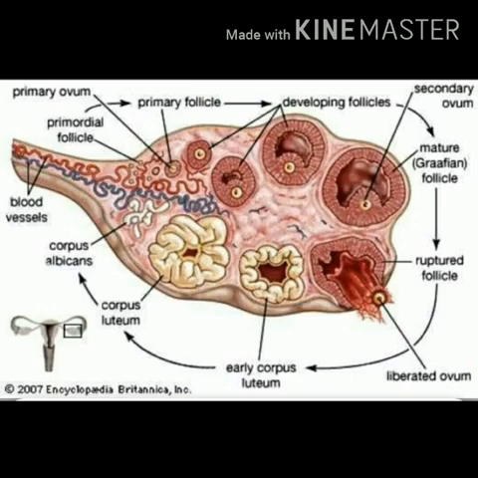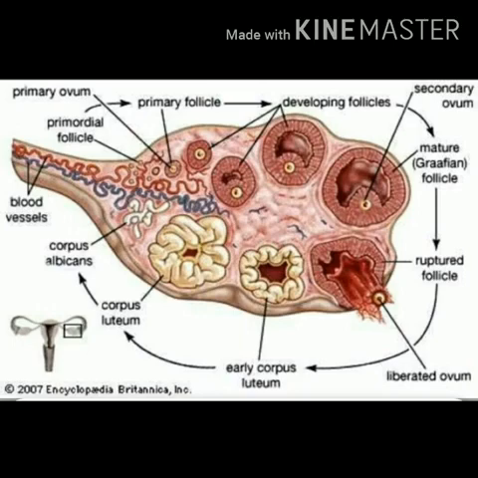Puberty means the age from where the female can reproduce. The large scale destruction of primordial follicles or oocytes during the growth is called atresia. Atresia means destruction, removal.